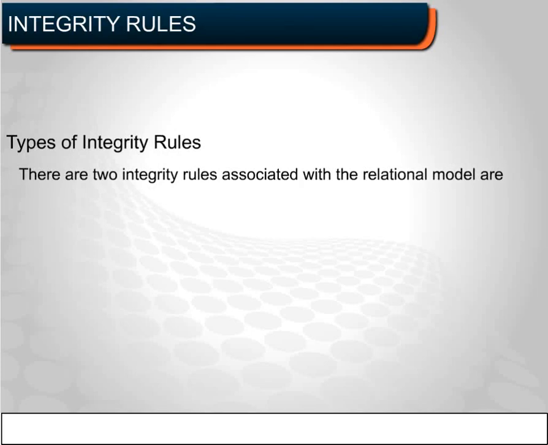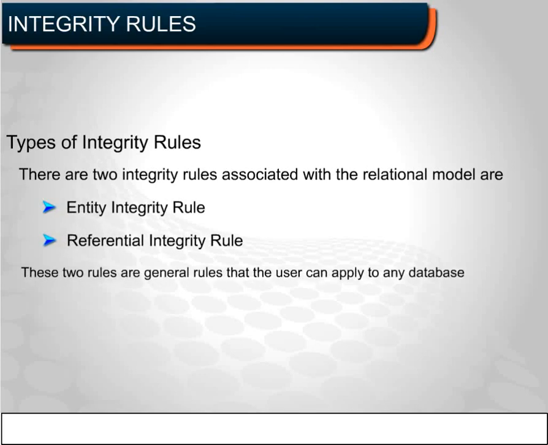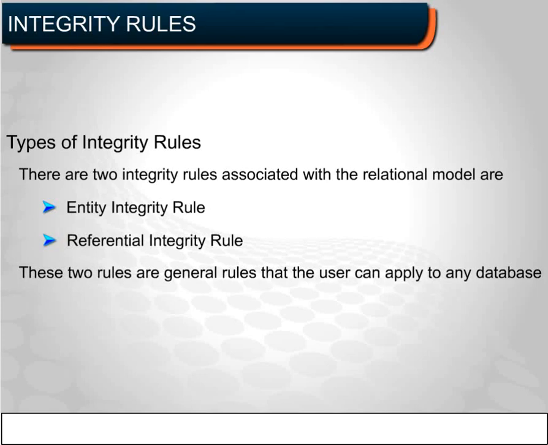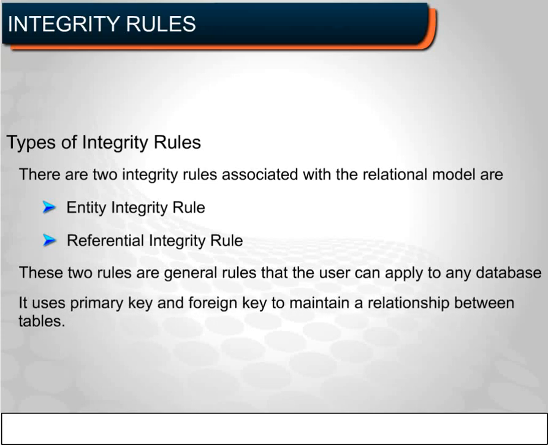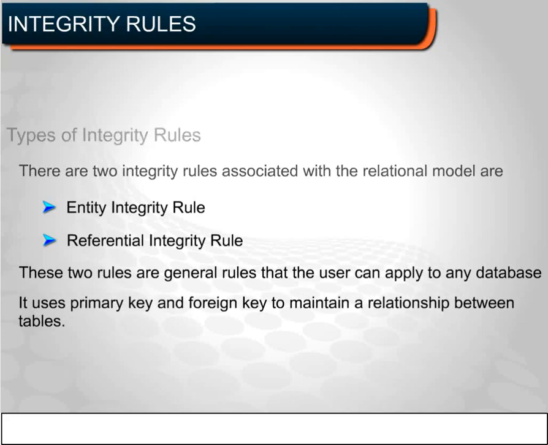There are two integrity rules associated with the relational model: Entity integrity rule and Referential integrity rule. These two rules are general rules that the user can apply to any database. It uses primary key and foreign key to maintain a relationship between tables.